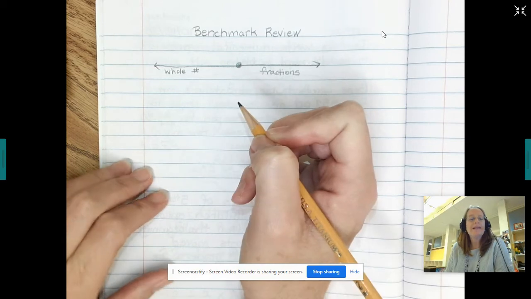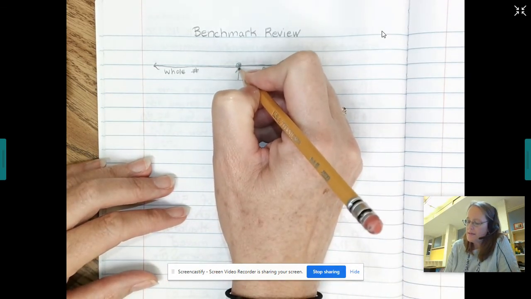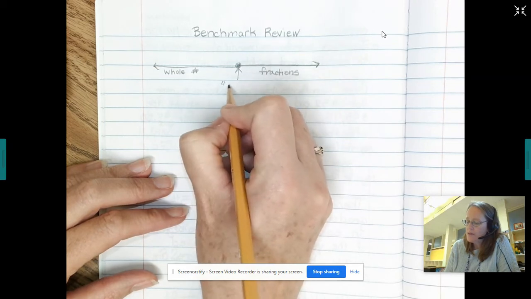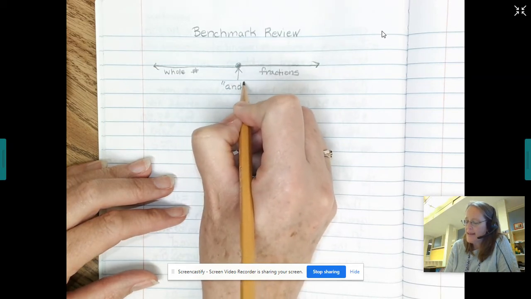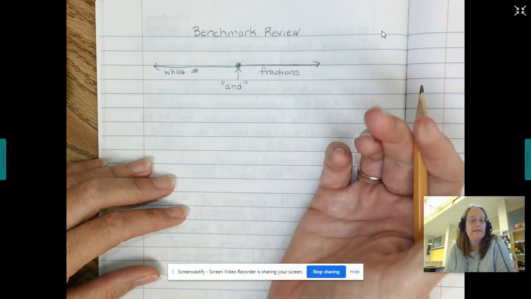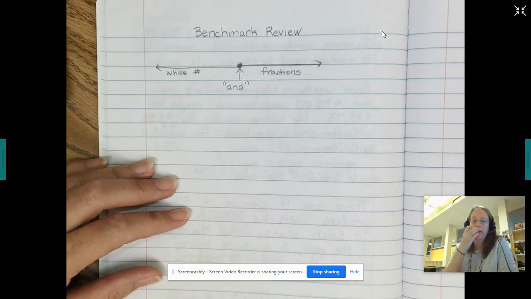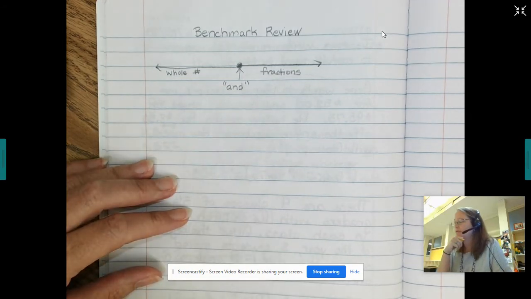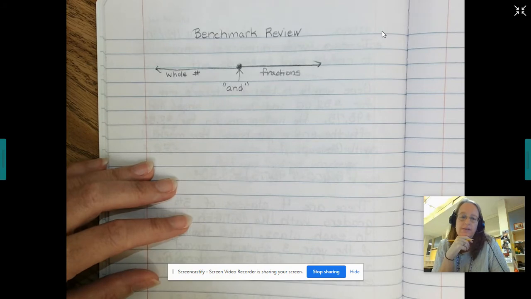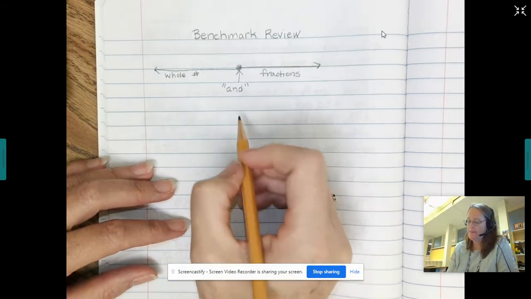And when I'm reading numbers, the only thing that decimal knows how to say is the word and. That decimal says and. If you write the number 13 and 46 thousandths, you have to know where your places are, okay?